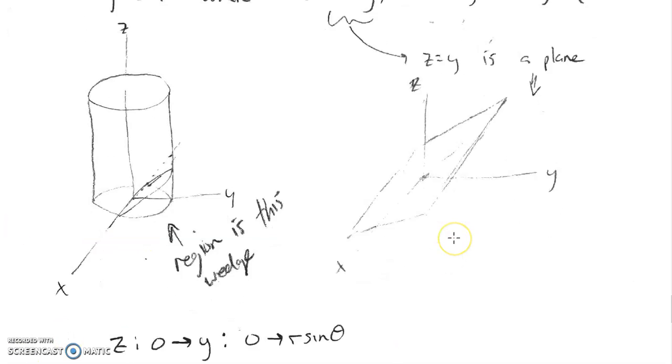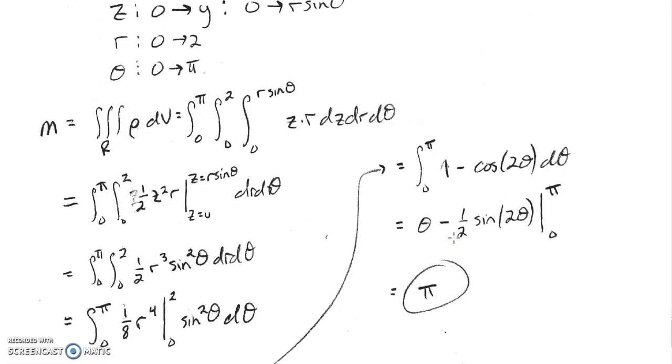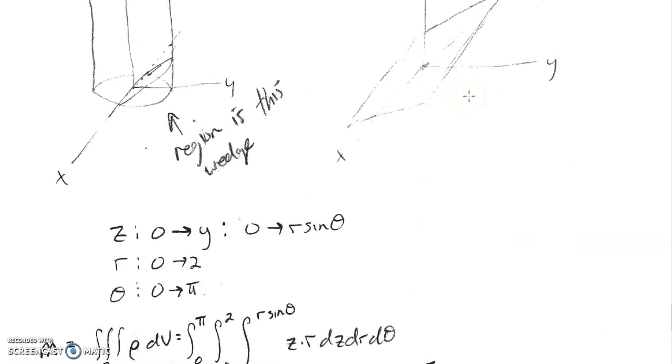Okay, now I will scroll down and show you my solution. I got pi. And I'm correct too, I think. Hope so. All right, so let's look at this thing. I'm going to think about the region first. My z starts at the xy plane, which is z equals 0.